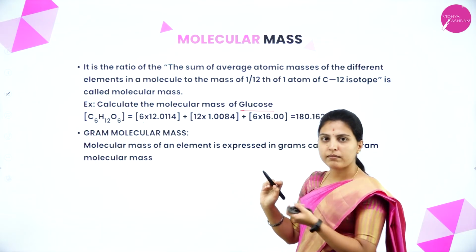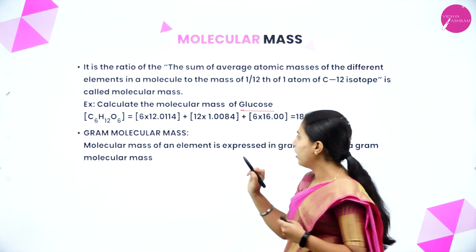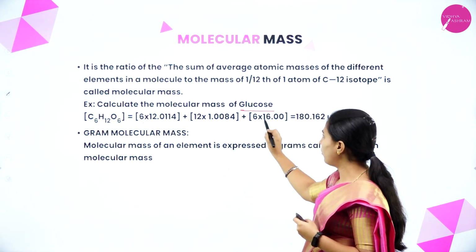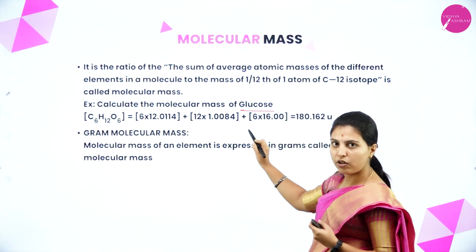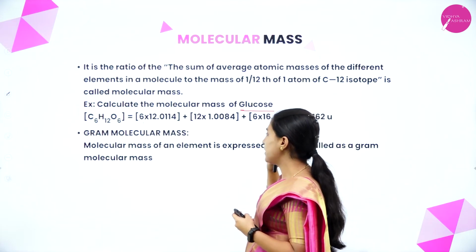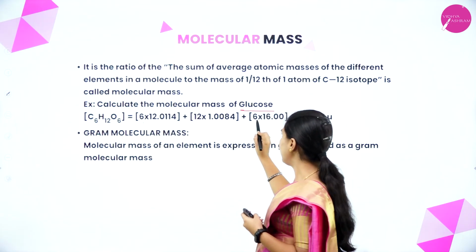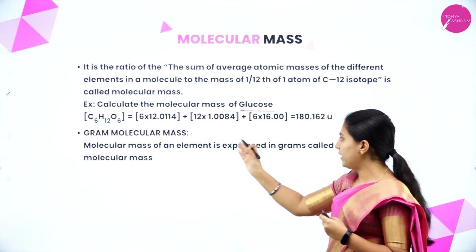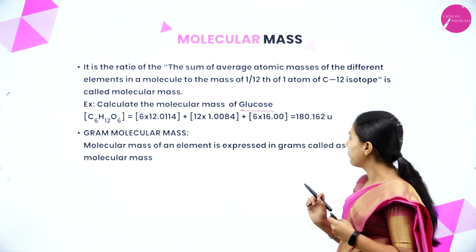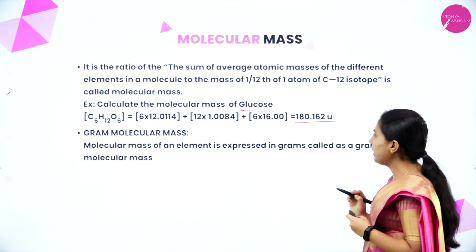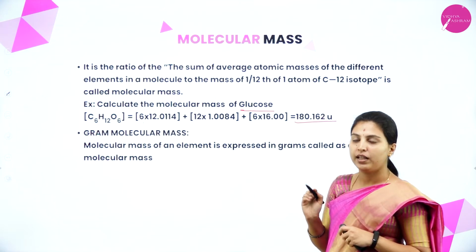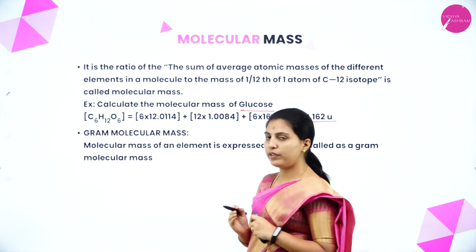What is the atomic mass of hydrogen? 1. Again, 6, and what is the atomic mass of oxygen? That is 16. 6 atoms of oxygen are present, that's why 6. By taking the sum of all the elemental atomic masses, you will get 180.162 unified mass. That is how the molecular mass is calculated.